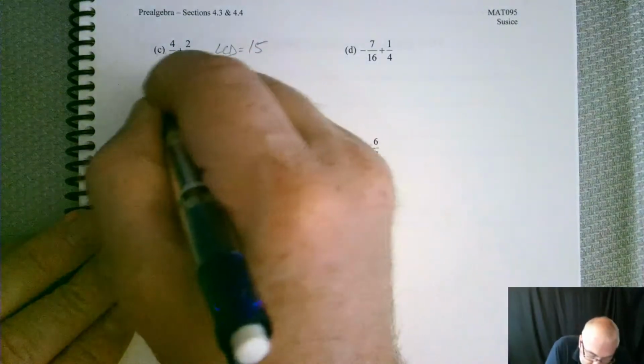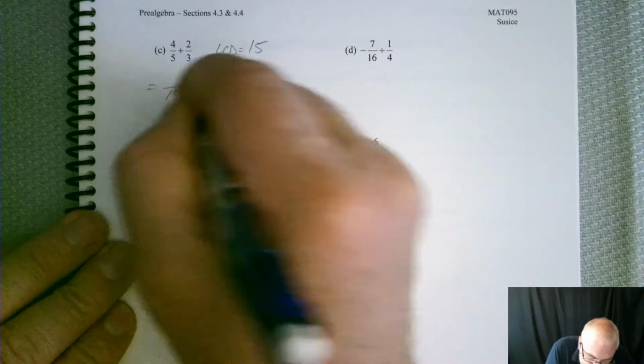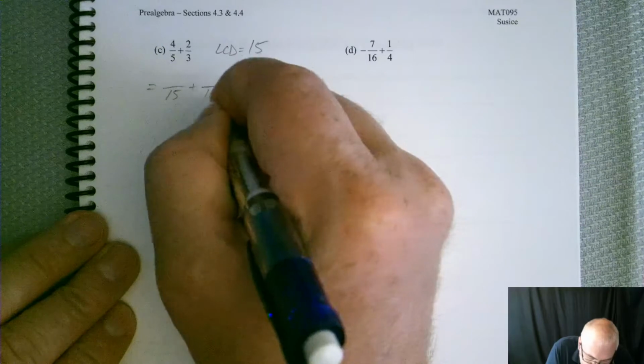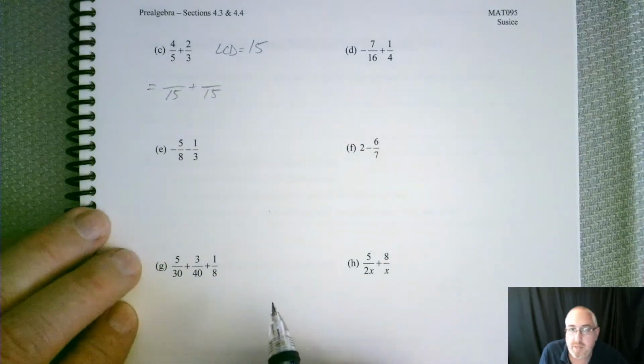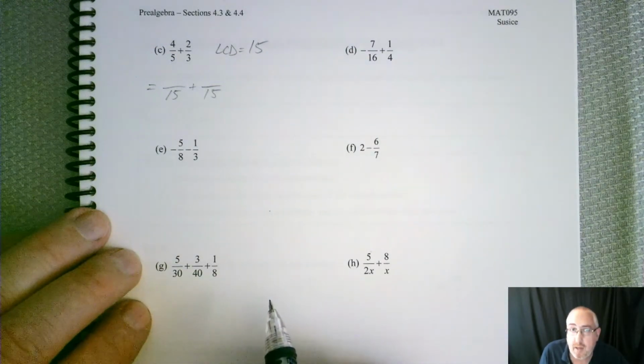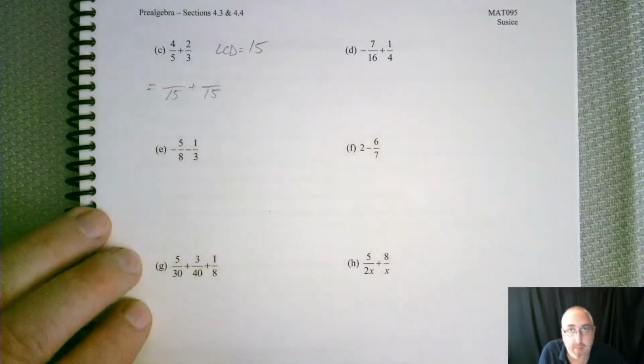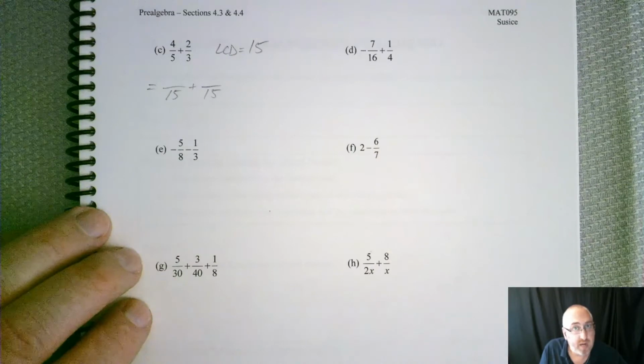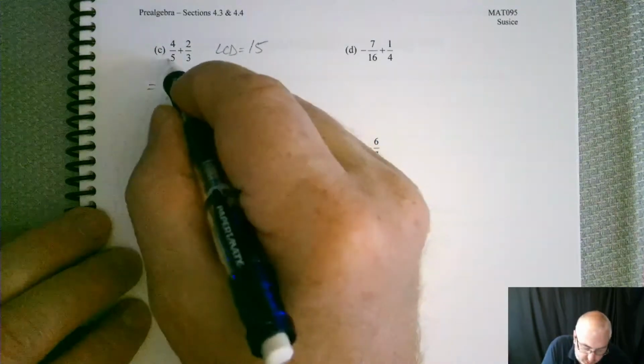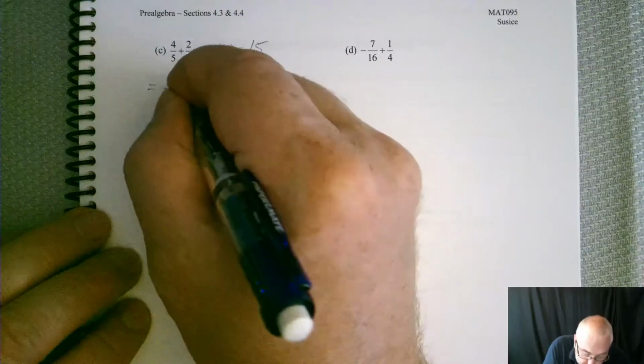So now we got to change both of our denominators to 15s. And then what are the tops changed to? Now be careful, don't get lazy and just carry down the 4 and the 2. That's a common mistake people make. If you change the bottoms, you gotta change the tops. There's no way around it. So times it by 3 and you better get 12.